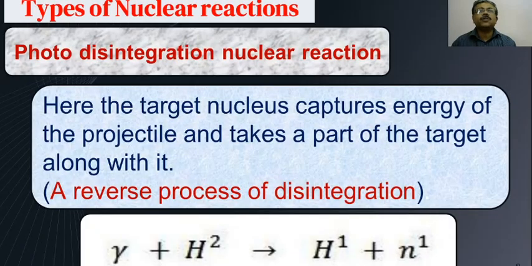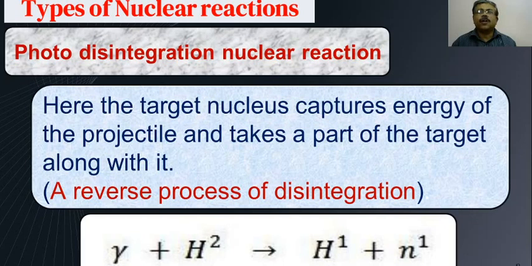We can also see another important case wherein the exchange happens in a reverse way. That is called the photodisintegration nuclear reaction. Think of a gamma ray photon being bombarded onto a deuteron. As it hits the deuteron nucleus, there is a decomposition and we can observe a proton and a neutron coming out.